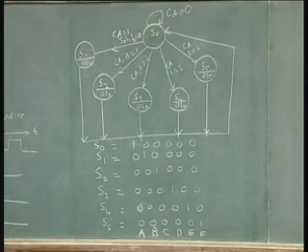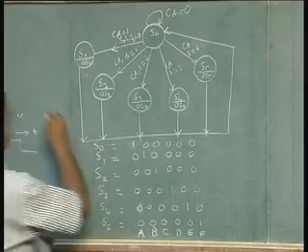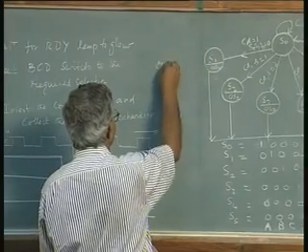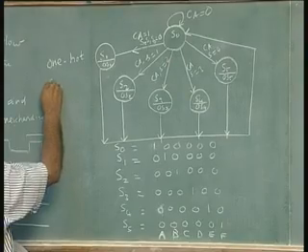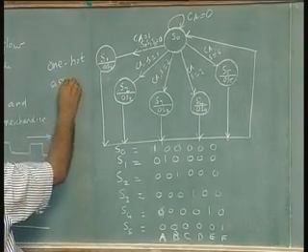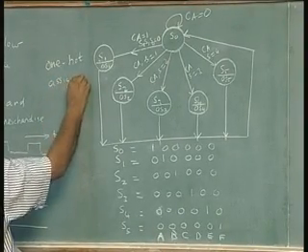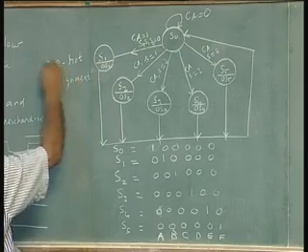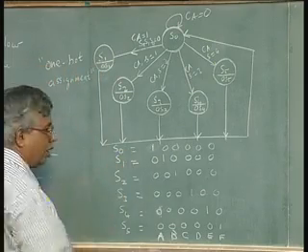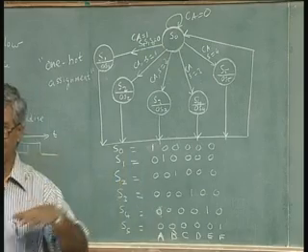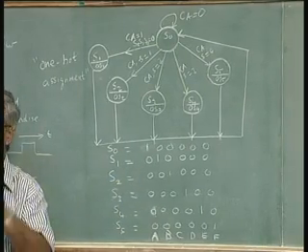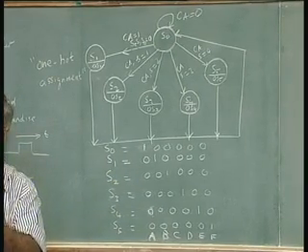This technique is called the one hot method, one hot assignment. The reason is one of the flip-flops is always active, hot is active. One of the flip-flops is hot, others are cold. Means one of the flip-flops is active, and the other flip-flops are inactive.